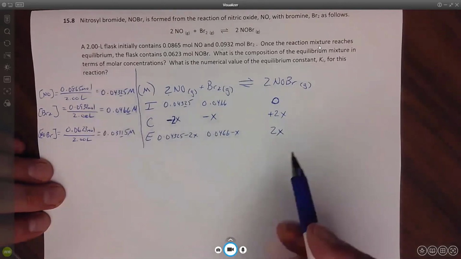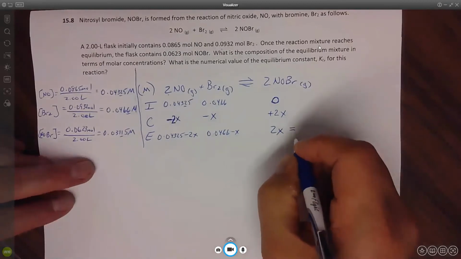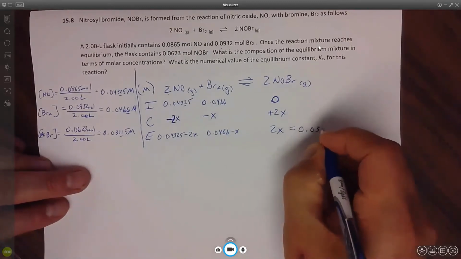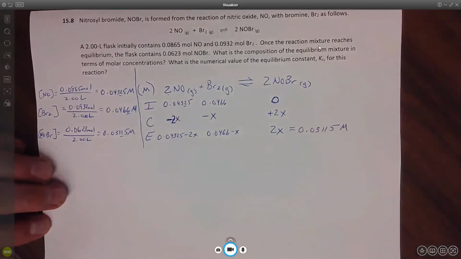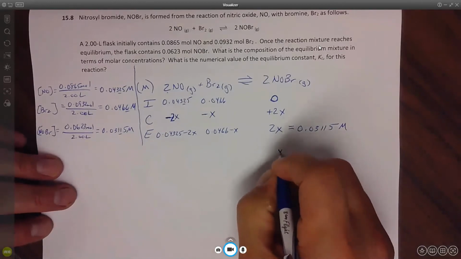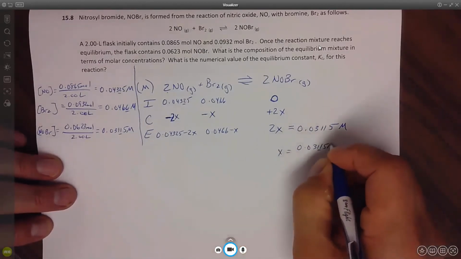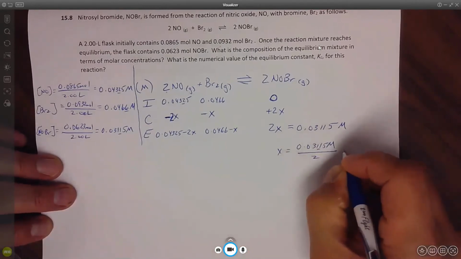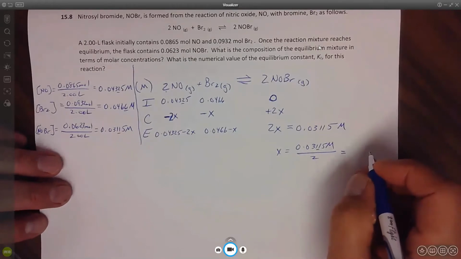So this value here is actually equal to this value that we calculated for the nitrosyl bromide. So then to get X, we're just going to take that number and divide it by 2.